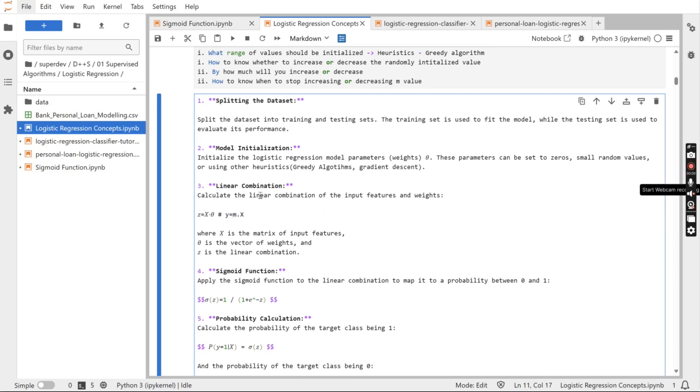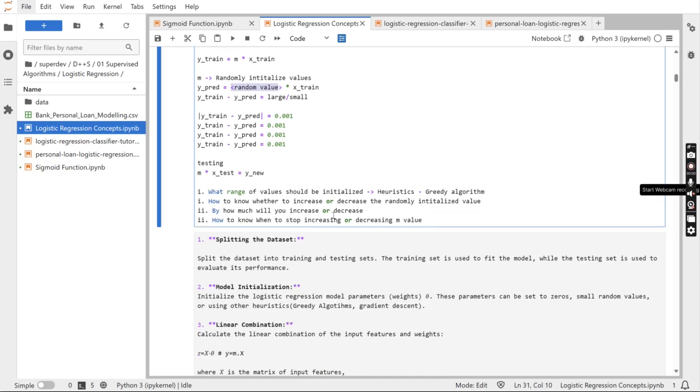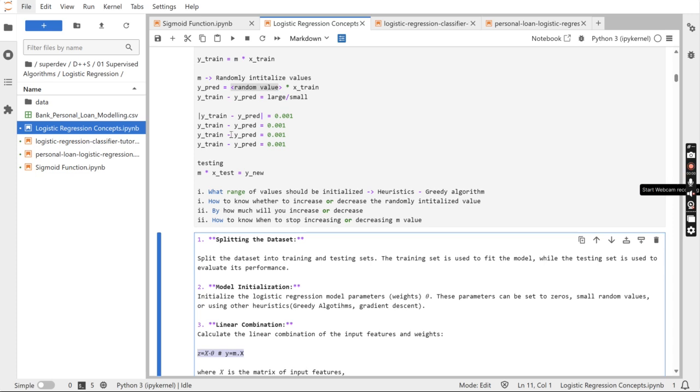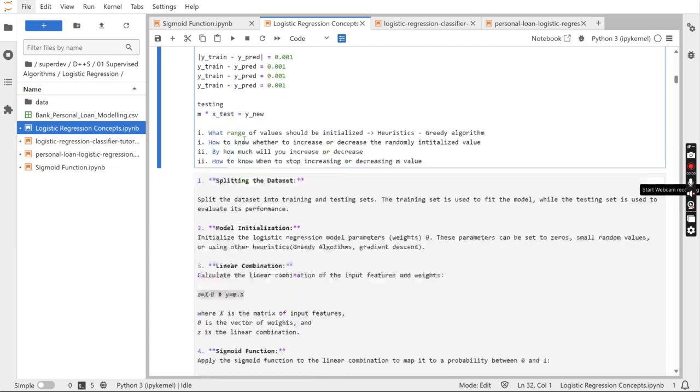So the third step is you will multiply after initializing randomly. How you initialize, you leave it to the greedy algorithm, which I will explain later. Once you get the random values, you multiply in this equation and get the y values, equating to the y train values.